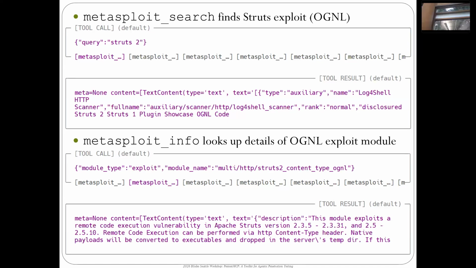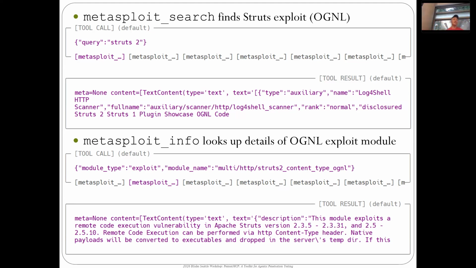And it gives you some information about the exploit. It's remote code execution, which is really helpful when you want to cat etc/passwd. So you're like, yeah, that looks good. Well, maybe I'll use that thing. And you can see the tool calls here. This is truncated, but these are the individual tool calls that are supported, that the agent has access to. And so you can see them highlighted here as we go along.